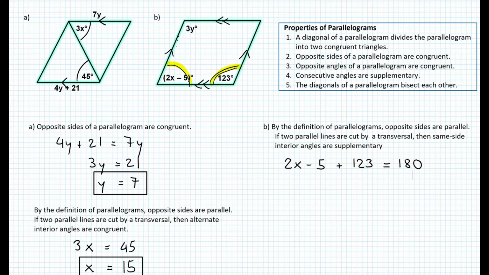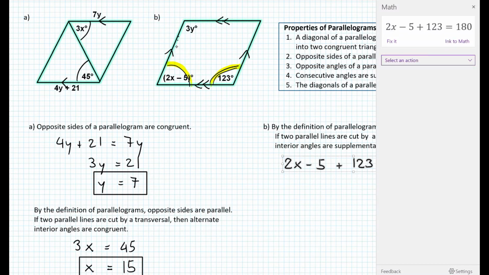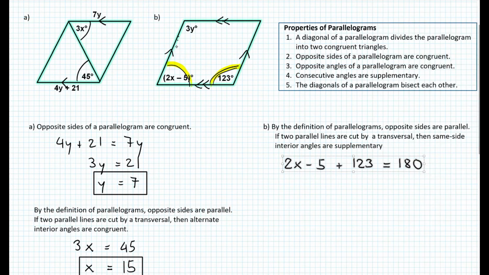And then once you've written the equation, you want to solve for the value of x. So here I can use my math function and simply select solve for x, and there you go, we have an x value of 31 here. Now we want to figure out the y value. Again, we can use the other property in which opposite angles of a parallelogram are congruent.